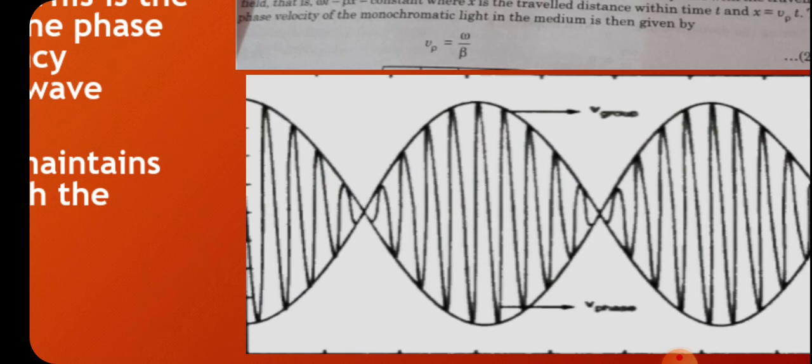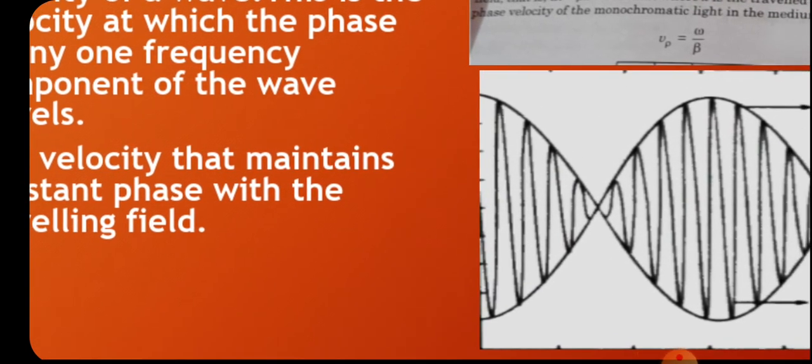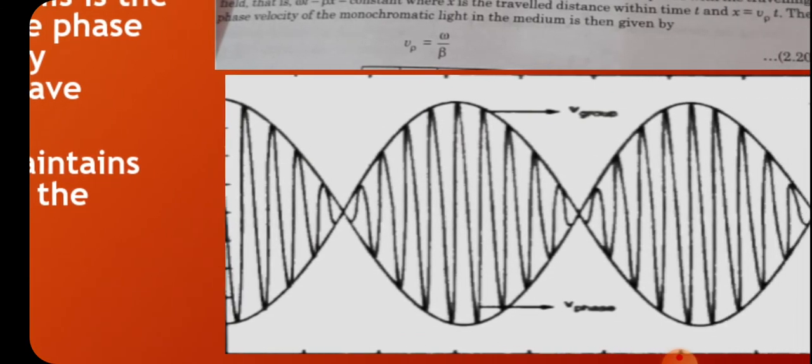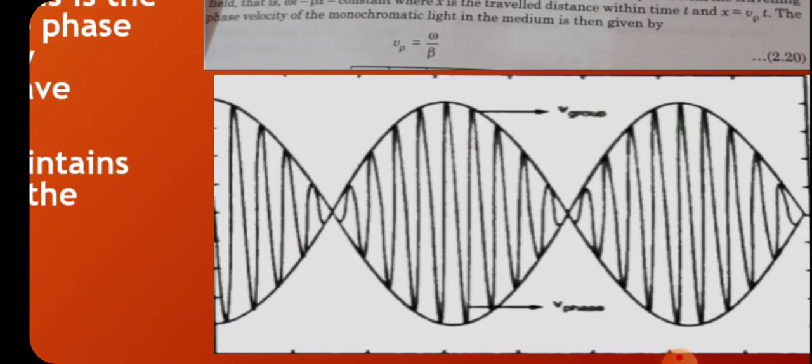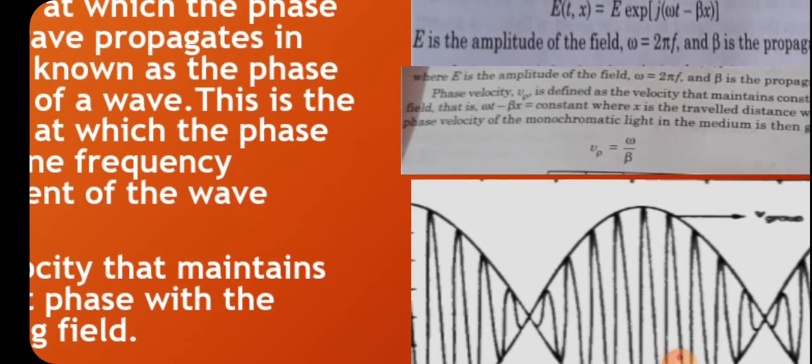That means these two, the modulation envelope and the phase of that wave, are in constant phase with each other. So the velocity at which these two waves are moving is called phase velocity. So we can say clearly that phase velocity is the velocity that maintains a constant phase with the traveling field.